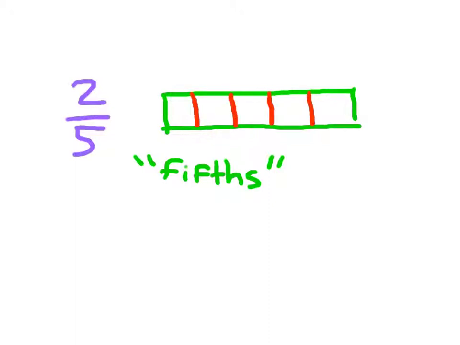As you can see, I've drawn those 4 lines, and we now have 5 equal parts. I always check just to make sure. 1, 2, 3, 4, and 5. Each of these parts is worth 1/5.